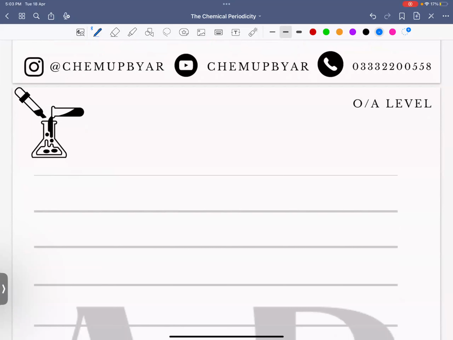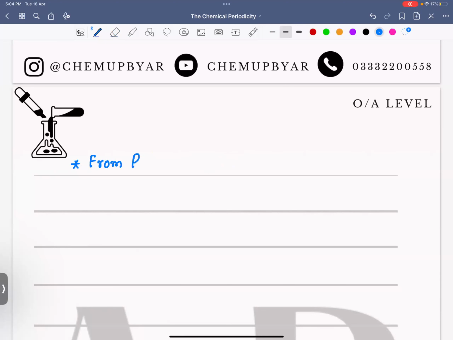Then from, no, we are talking about elements. Sorry, we don't make these ions.